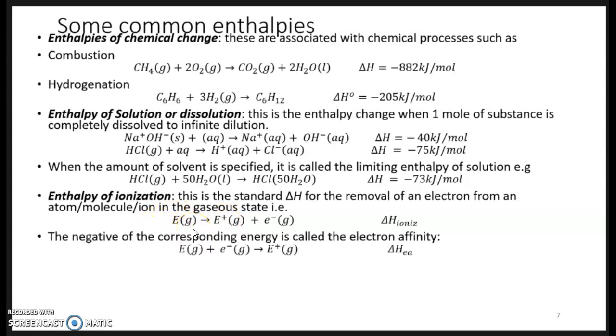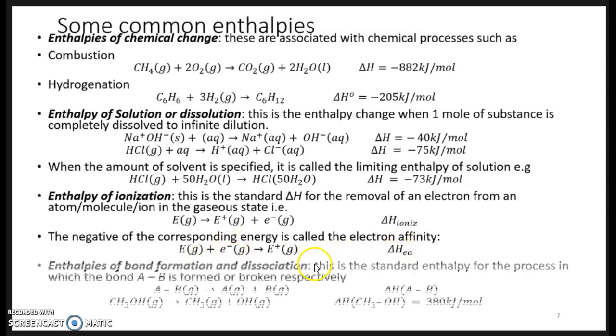And then the reverse of that, the gain of an electron, is called the electron affinity. Then we have bond formation and bond dissociation, which is the standard enthalpy for the process in which a bond is formed or a bond is broken, respectively. So AB going to A plus B is bond dissociation.